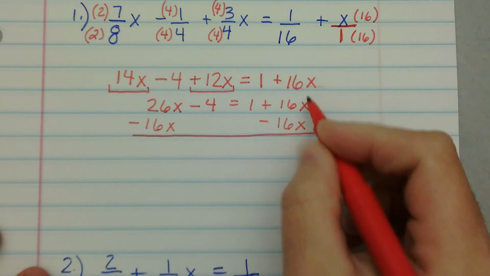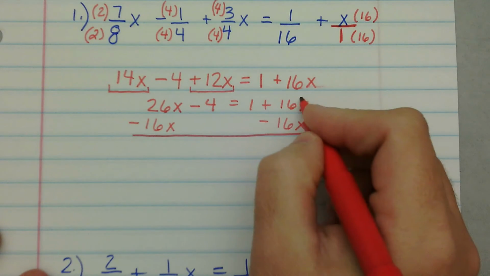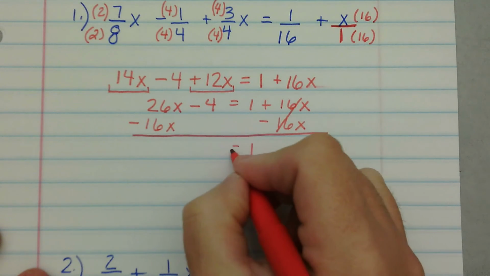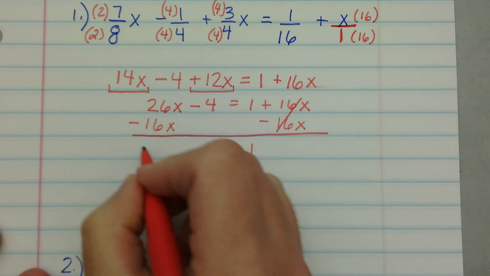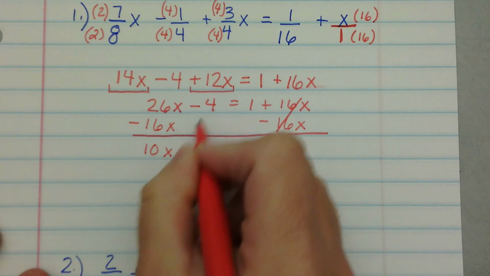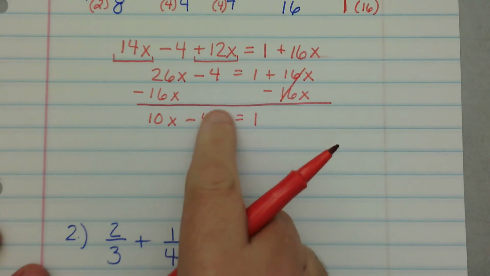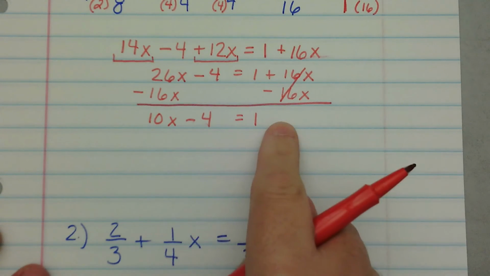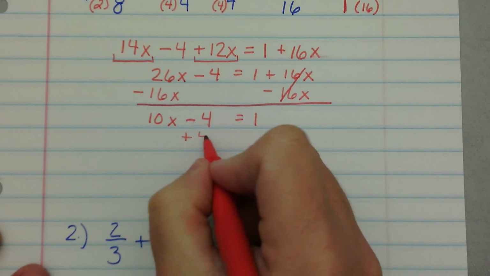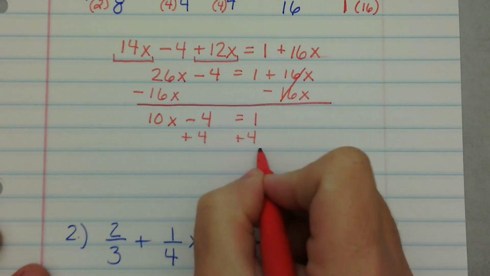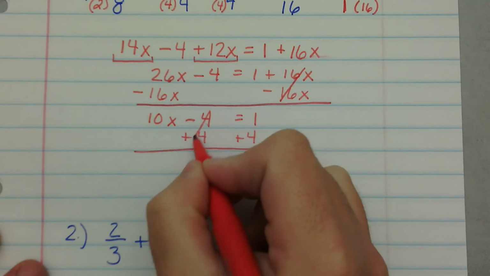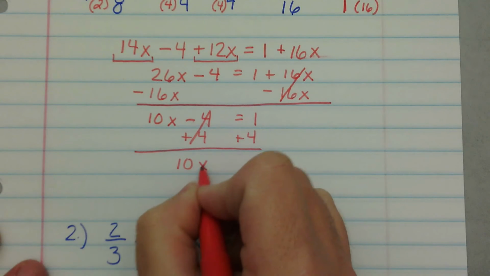So I decided to do additive inverse for 16. I'm subtracting the 16. I'm going to bring that one down. 26 minus 16 is 10. Bring down that minus 4. Then I'm going to move the constant by adding 4 to this side. These cancel. I get 10x equals 5.